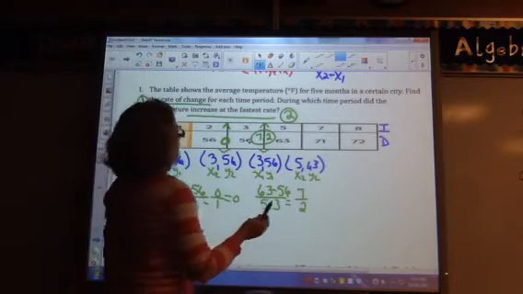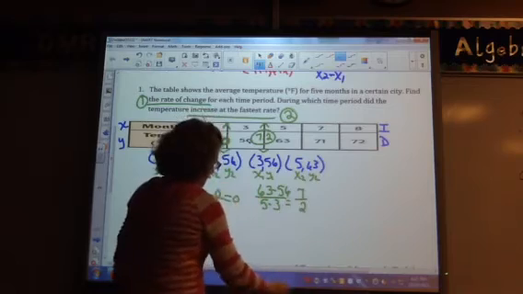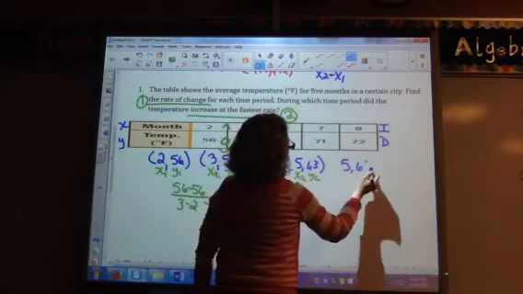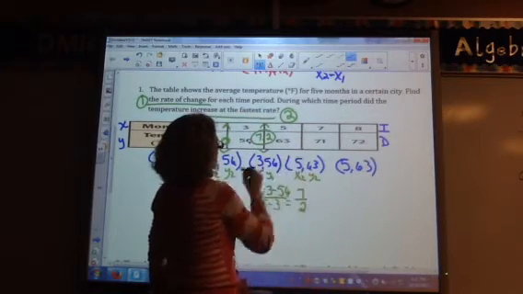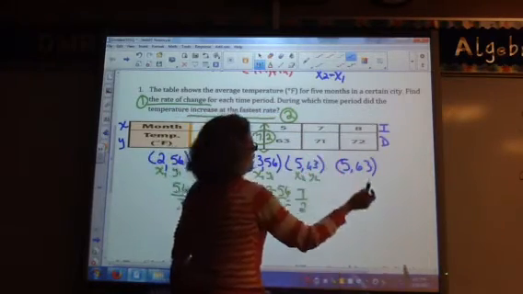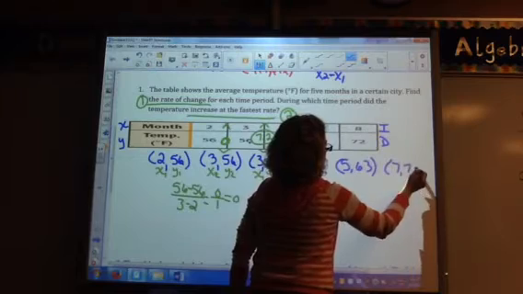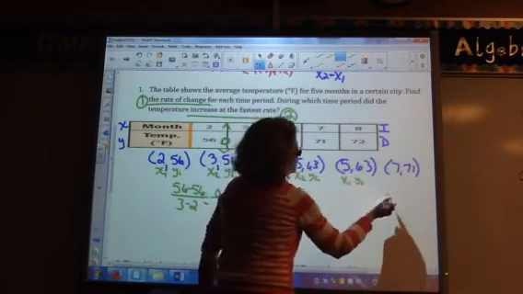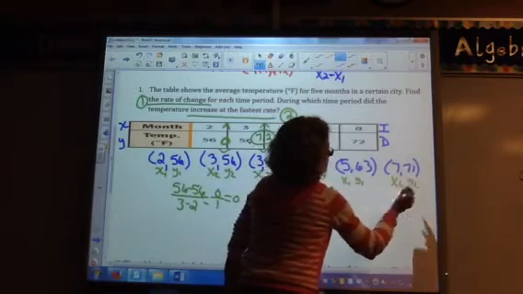Okay? Now we got to go from this month to this month. So my point is 5, 63, or my relation, 5, 63, and then 7, 71. I have my first point. I have my second point.